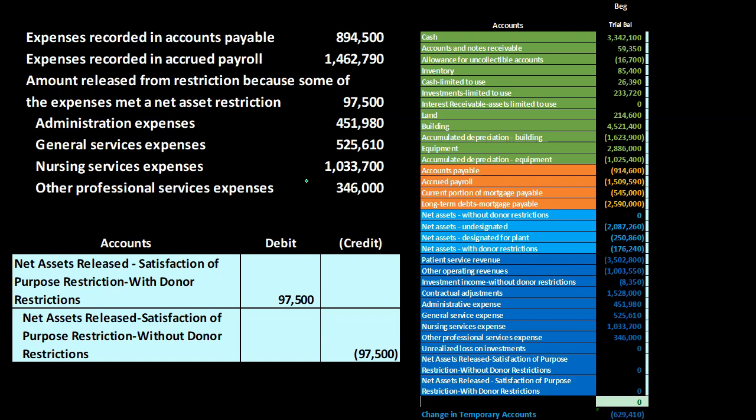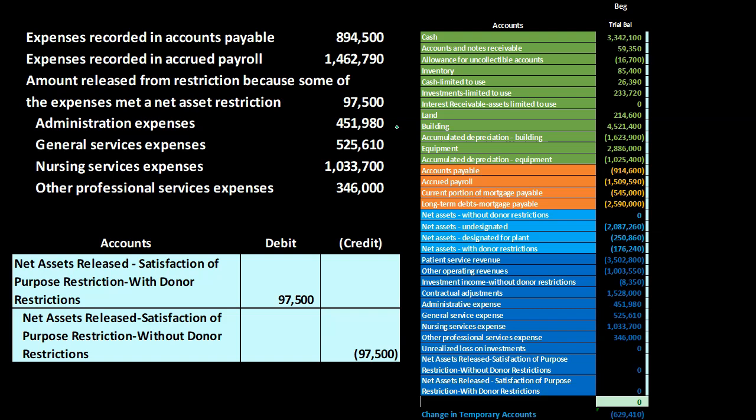In other words, at some point in time we had some restrictions, and when we received some type of income, we recorded it in income in a restricted fashion, and it would be reflected in the income account and in the net assets with restrictions. Now, the restriction has been met by us paying in one of these expense categories. So we've met one of the restrictions.